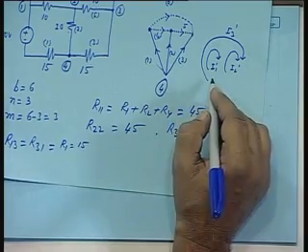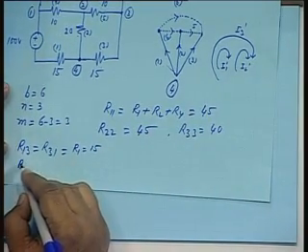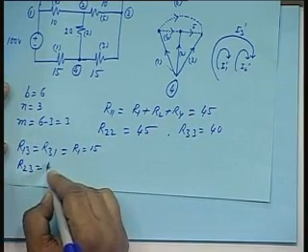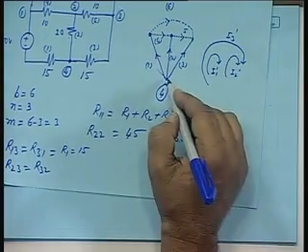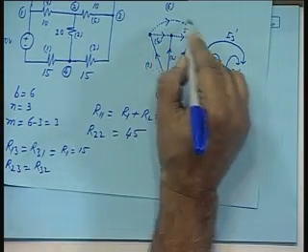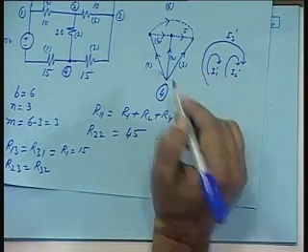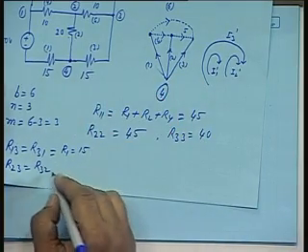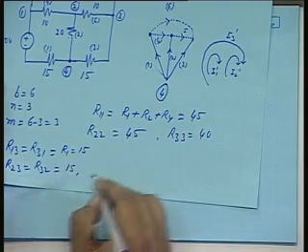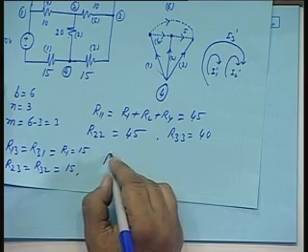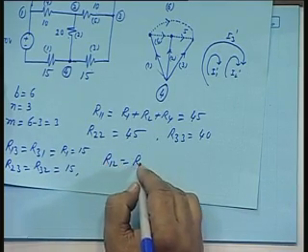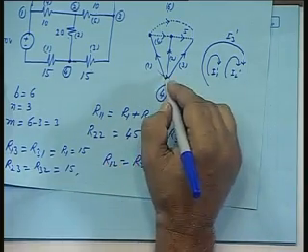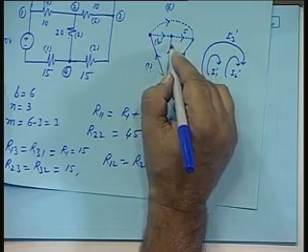The element that is common between loop 2 and loop 3 is element 3, element 3 is 15 ohms, and R12 is the same as R21, the element common between 1 and 2.